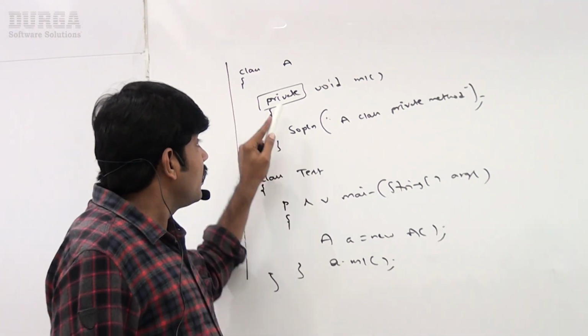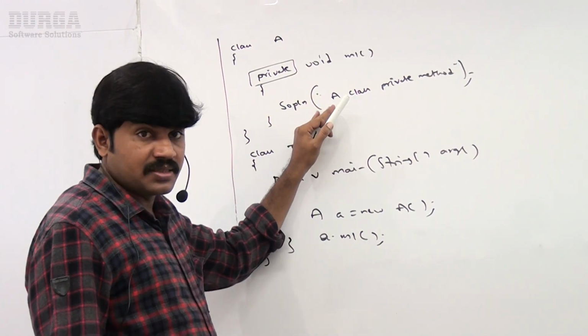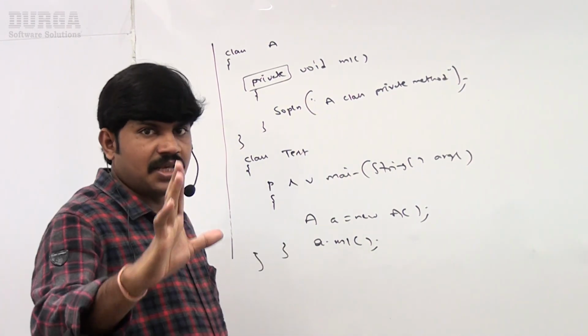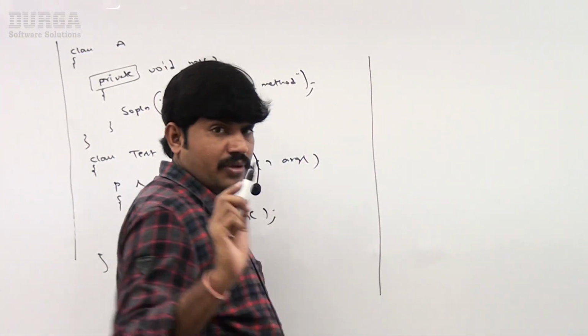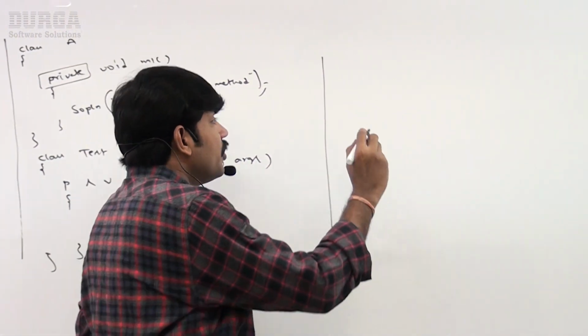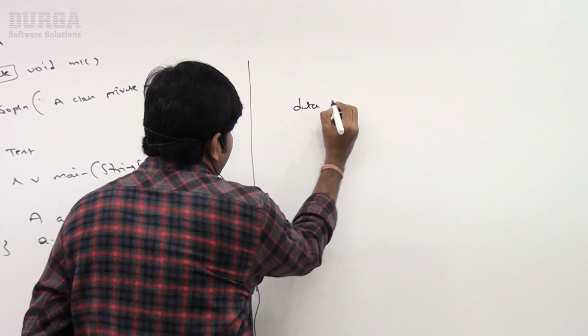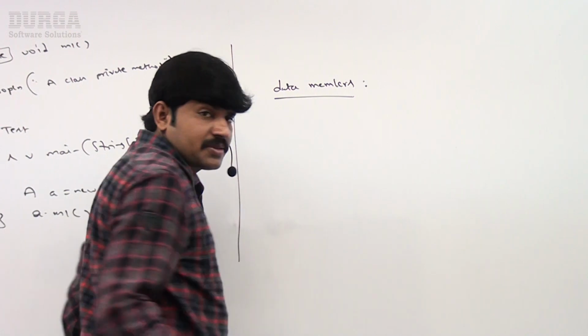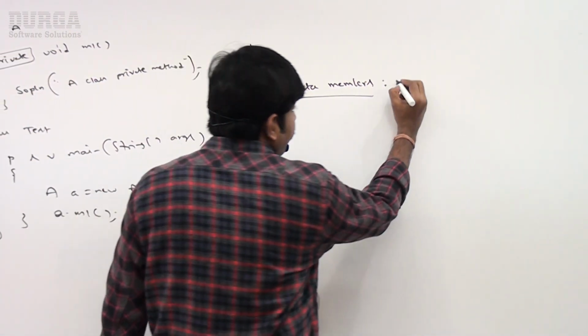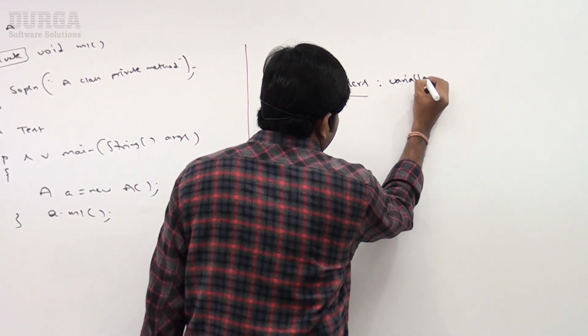Now take a very special case. Private means within the same class. Now one small conclusion I have to tell. Data members means variables. Every class has data members and methods.